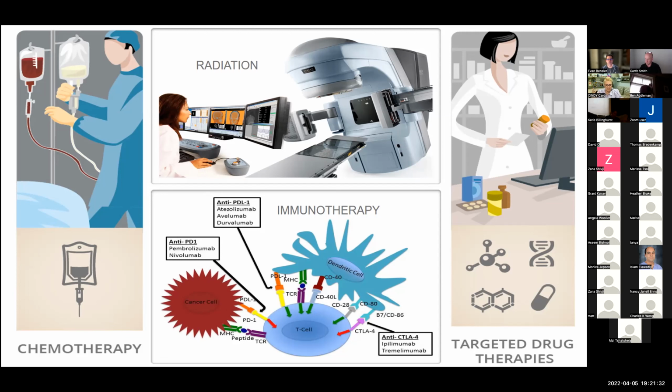Then there's the big category and the big and hot area, which is immunotherapy. And immunotherapy is something that I'm so happy has developed, because I have so many patients that are doing well for long periods of time, patients that I would never have been able to treat their disease. I had a lady today, she's 87, stage 4 squamous cell carcinoma of the lung.